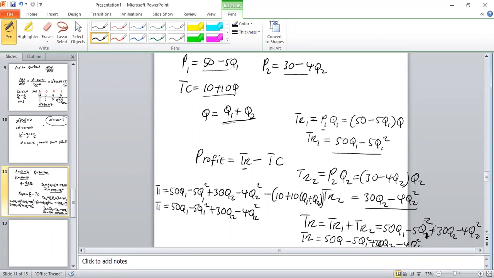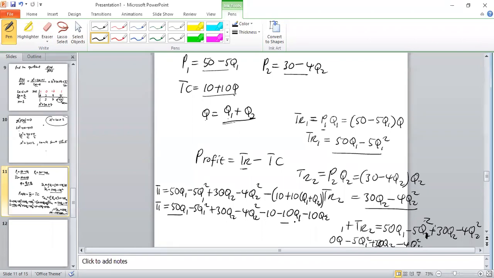Then open bracket, it will be minus 10, minus 10Q1 and again minus 10Q2, like that. Are we together?